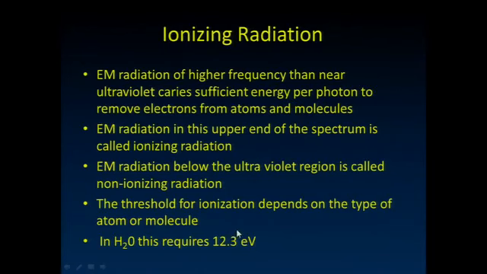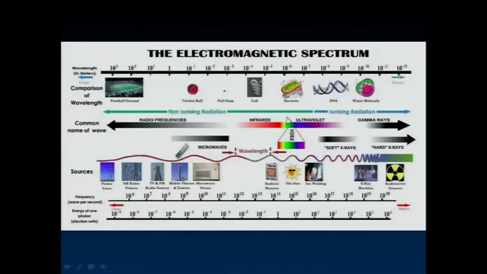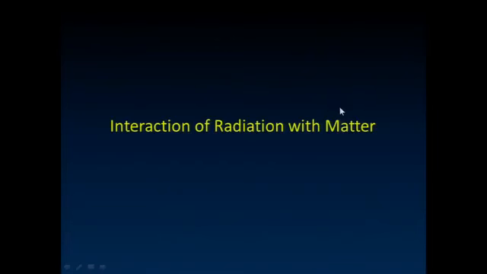And if you look back at the chart that I had, or on this one right here, where we've got that ionizing radiation, it falls right in that range we were talking about, around 12 electron volts or so. So below that level, there's just not enough energy to remove electrons from the shells of atoms or molecules.